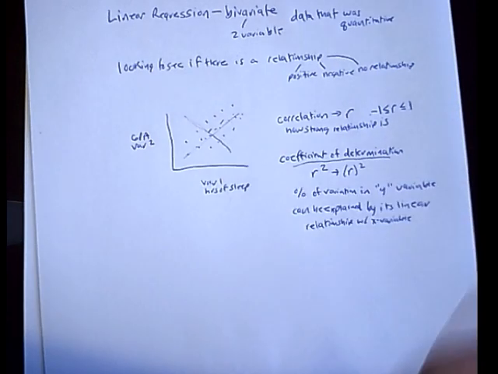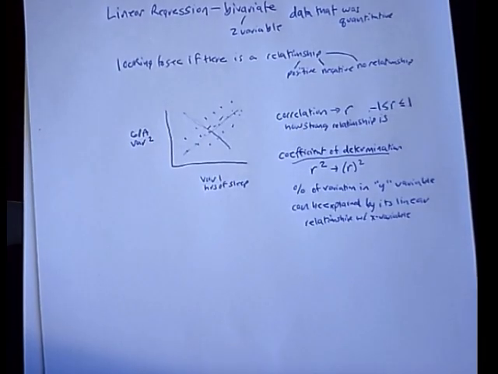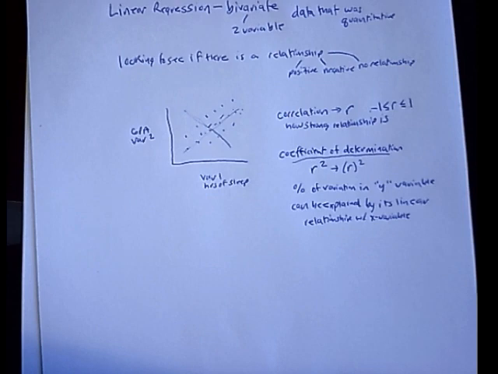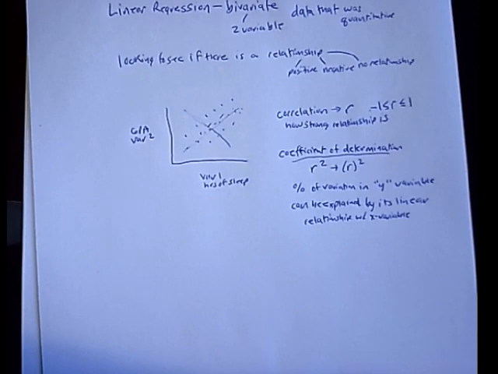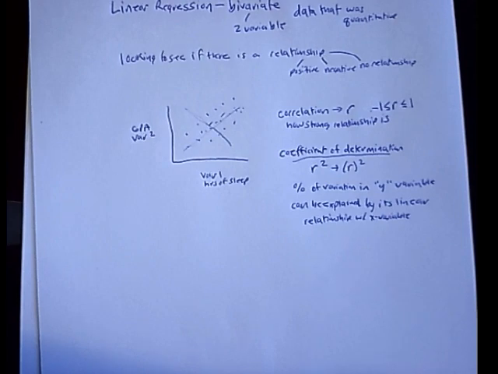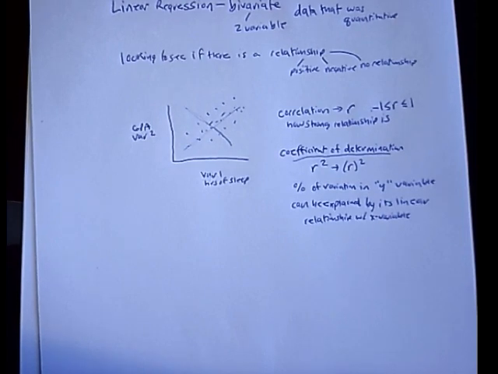The bigger that number is, the more we think one variable affects the other. There could be other variables, so we never expect it to be exactly 1, but the closer to 100%, or as a decimal to 1, the more one variable affects the other. That's the best way to think about that.